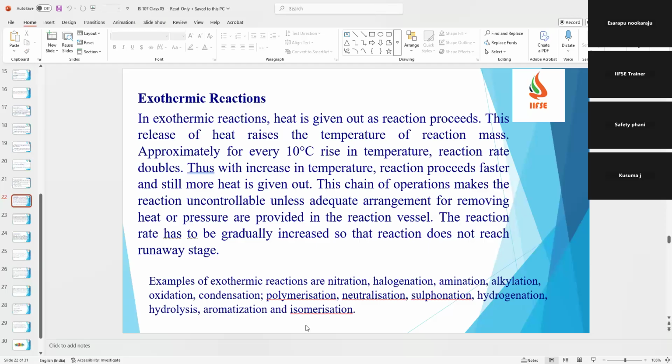So whenever an exothermic reaction takes place, uncontrollable heat will be released if your systems are not in place. If you don't have a utility or brine or chilled brine in your process, it will be difficult to control even the pressures.